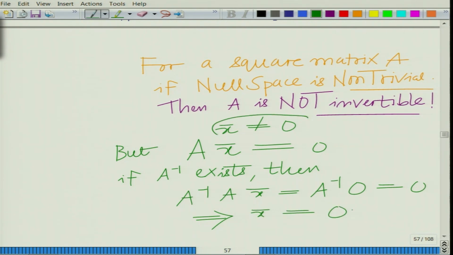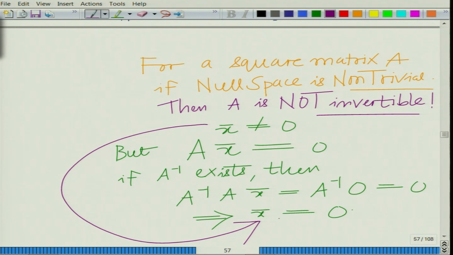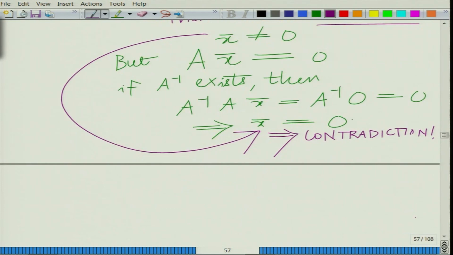But we started with the assumption that x bar is not equal to 0. So this is a contradiction.